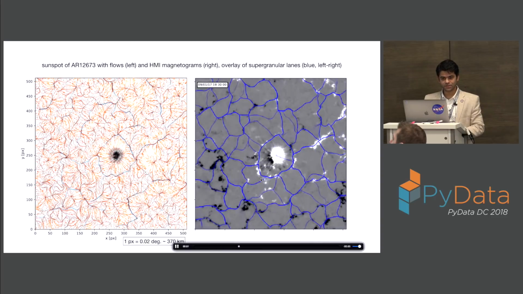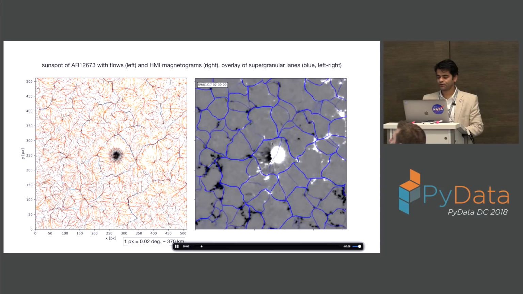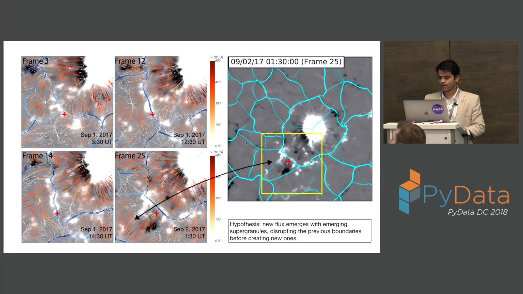The point of the algorithms is to study the evolution of the flows around the sunspot. And using these series, using the tracking framework, we could analyze and detect that before the emergence of magnetic flux, there is a disruption of the pattern of the flow fields that are plotted here with both the boundaries of the flows and the streamlines of the flows with their quiver plots, with the arrows.